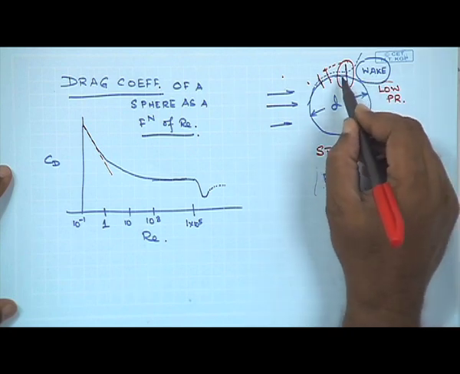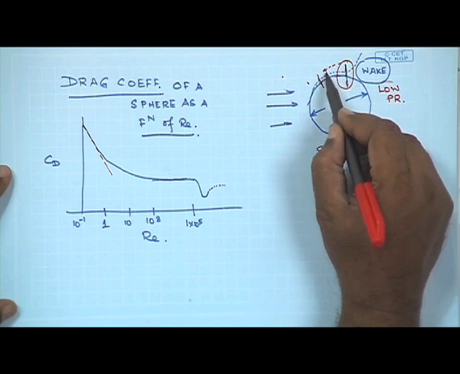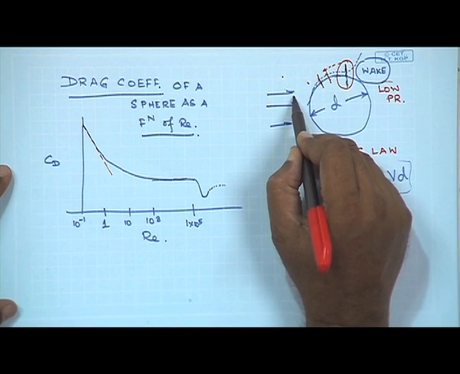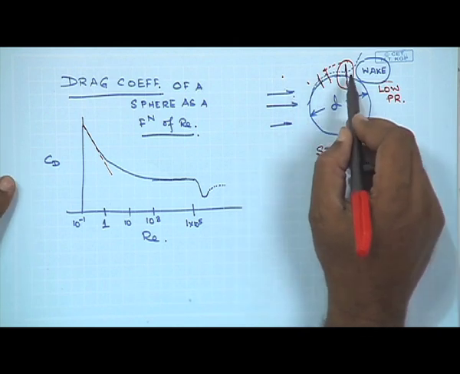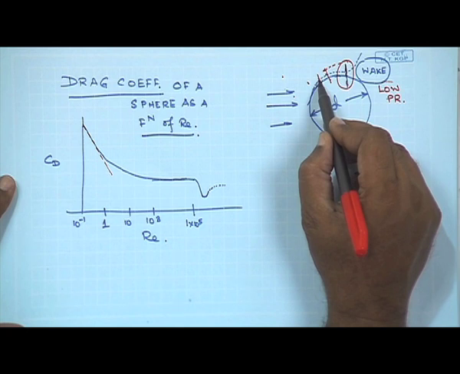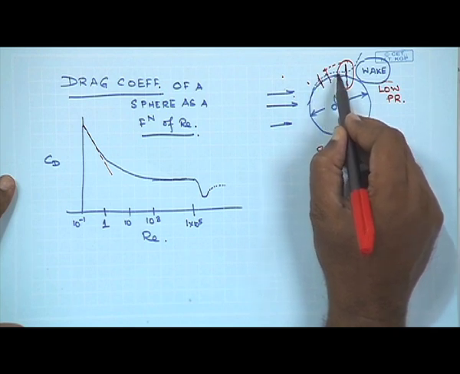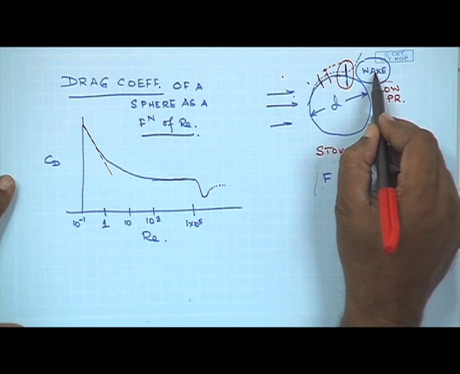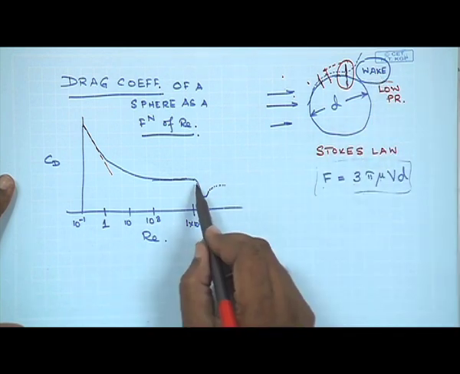So, when I say that the separation point starts to move from the back to the front as you increase the Reynolds number, we are referring to laminar flow only. With increase in Reynolds number, the point of separation would start to move forward in laminar flow, but the moment it becomes turbulent, then with increase in Reynolds number, the point of separation would start to go back, and the size of the wake is reduced, and therefore, the net pressure force on the sphere is reduced, and the drag coefficient decreases abruptly.